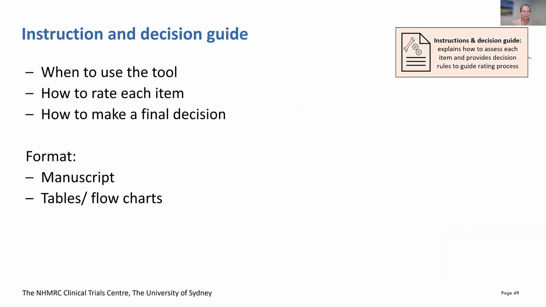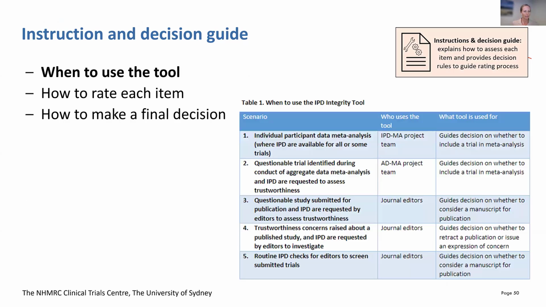In terms of instructions, the first key point is, when should I use the tool? As we mentioned, it was designed in the context of conducting an IPD meta-analysis project. However, there is broader scope for the tool to be applied. If you look at this table, many of you may be more commonly conducting aggregate data meta-analysis, and you may have concerns about a study, in which case you can request the IPD.